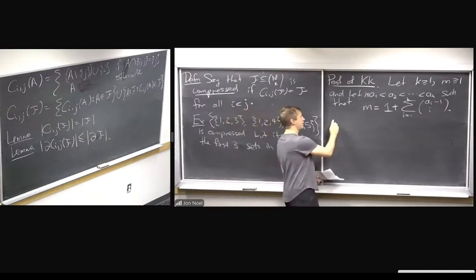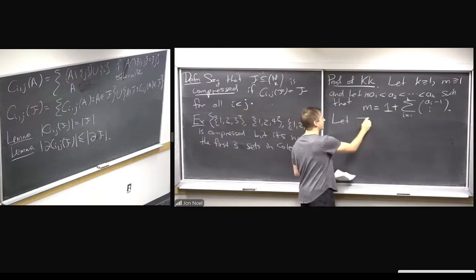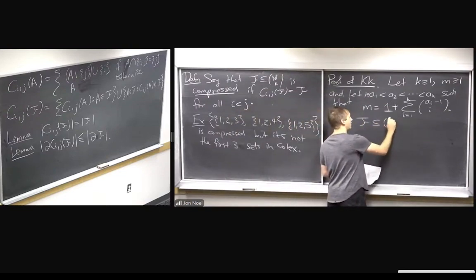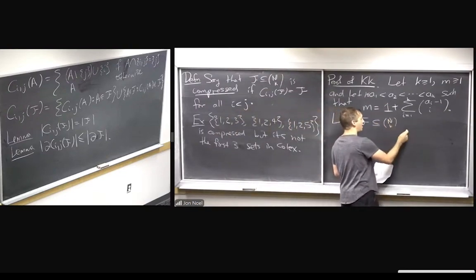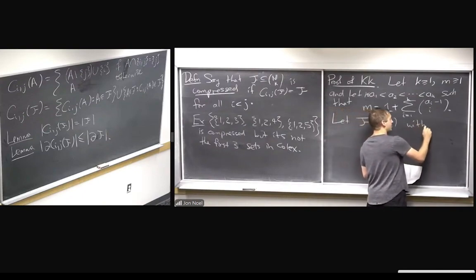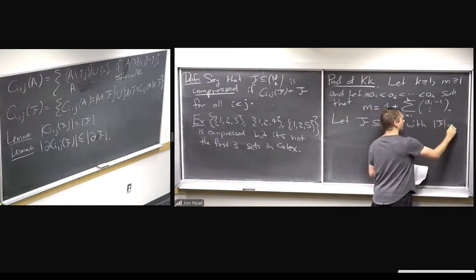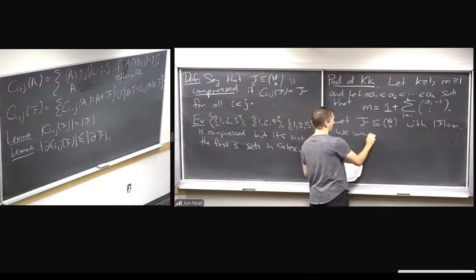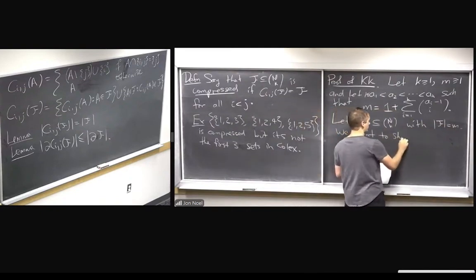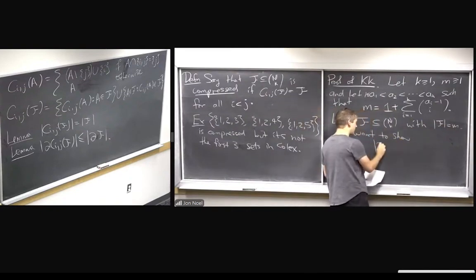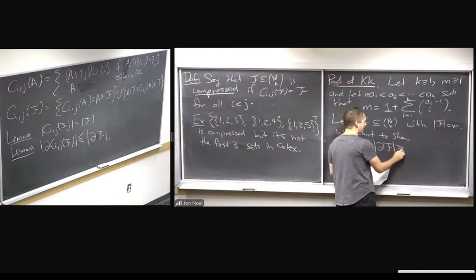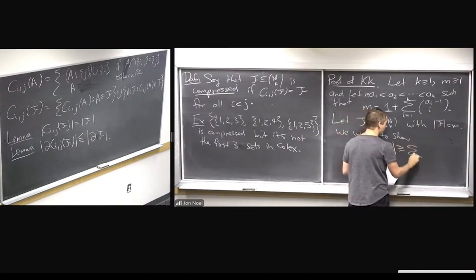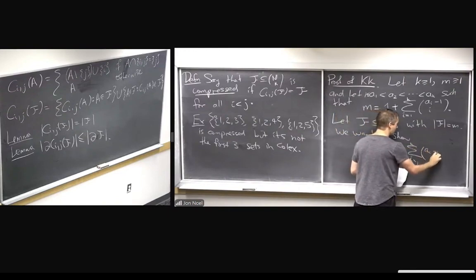And then, let F be a collection with size M. So we want to show that the size of the shadow is at least the sum, I equals 1 to K, of AI minus 1 choose I minus 1.